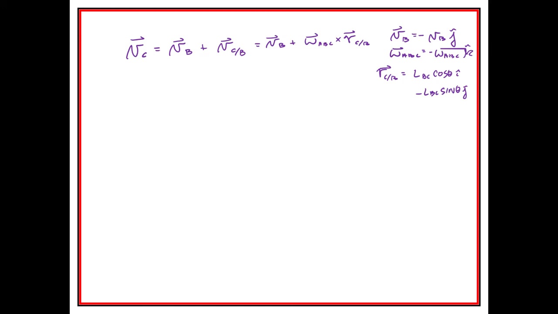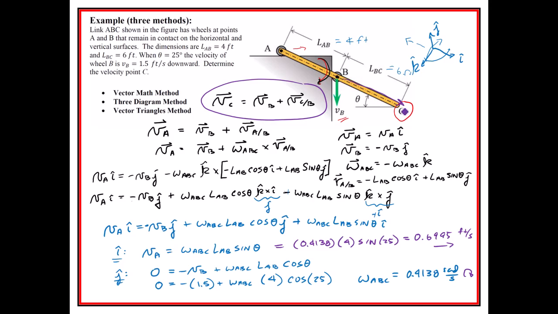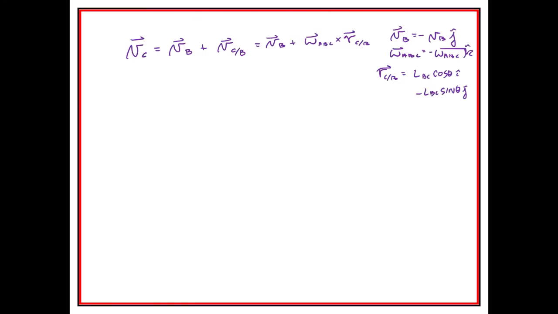And we should also point out that we don't know the specifics. The velocity of C is not going to be only in the I or the J direction. So we could write out also, and maybe this would be better if I had left myself some more room, the velocity of C is going to be the velocity of C x component I plus velocity of C y component J. I'm putting these subscripts on the outside.